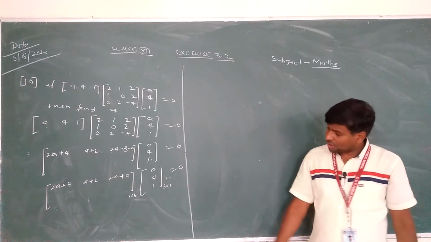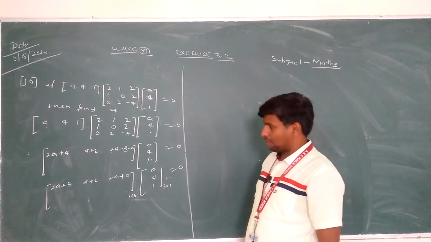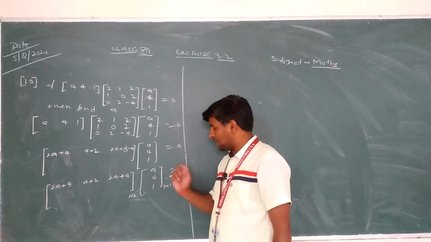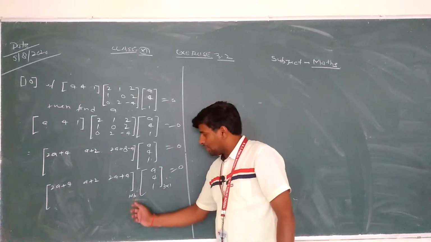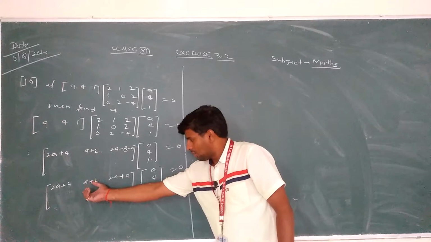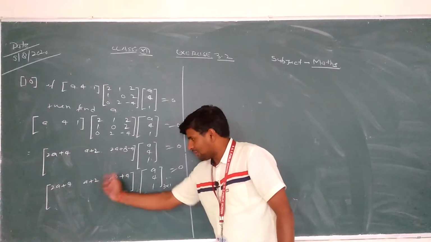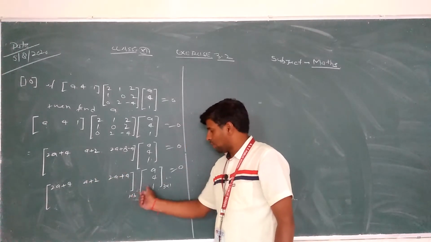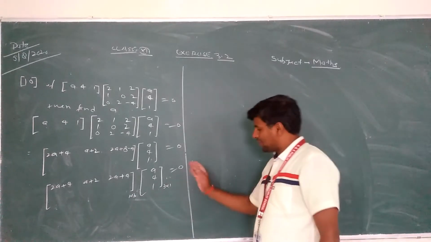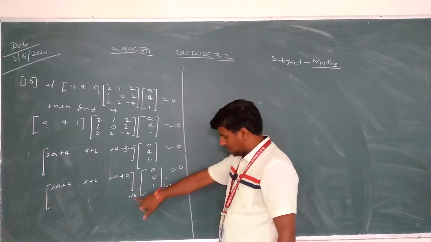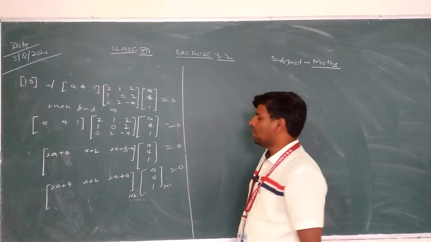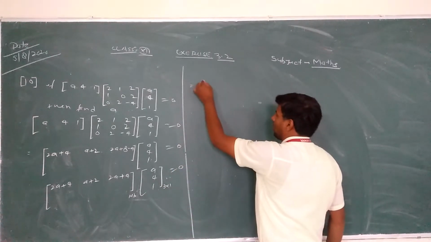Students, you know how we multiply two matrices. The basic concept: the number of columns of the first matrix must equal the number of rows of the second matrix. Number of columns is 3, number of rows is 3, both are equal, so we can multiply these two matrices.